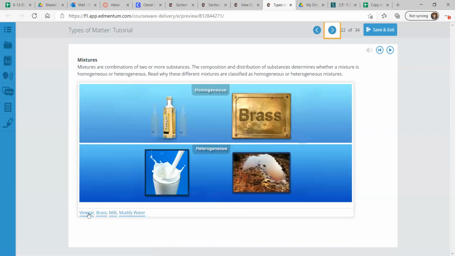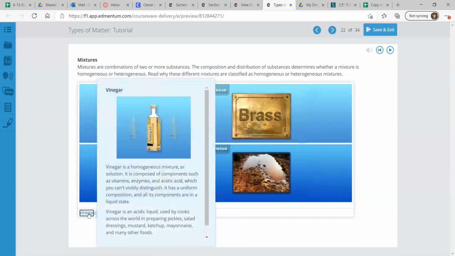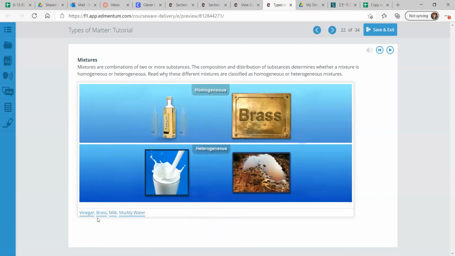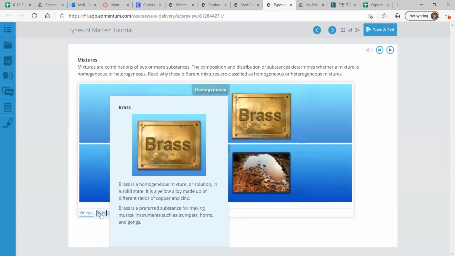And then finally, we have mixtures. So homogeneous mixtures, think of vinegar, brass, like the stuff you make instruments out of, mostly. It's an alloy. That's a metal that is a mixture of other ratios of metals.